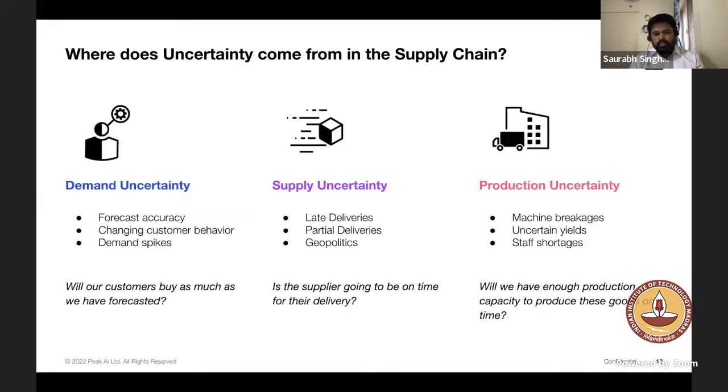Next is your production uncertainty. So will we have enough production capacity to produce these goods on time, right? And how can this production uncertainty occur, or what are the factors that affect it?